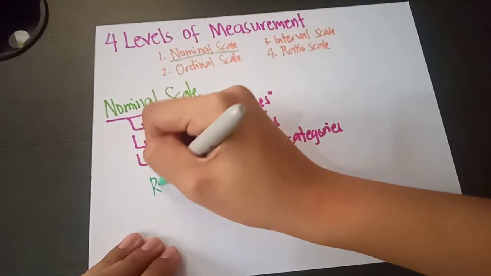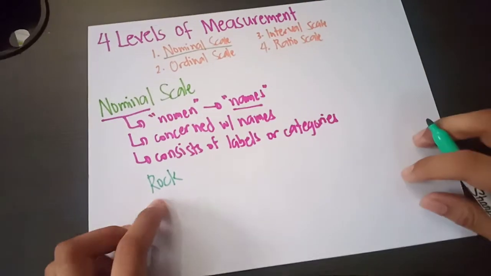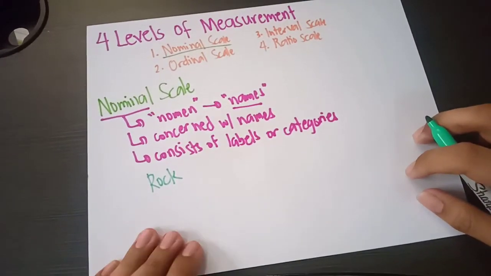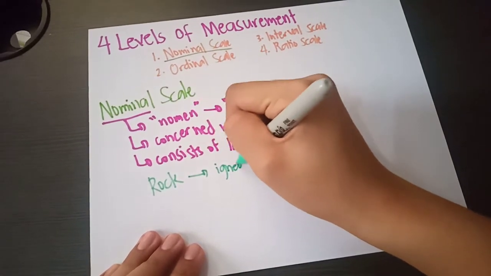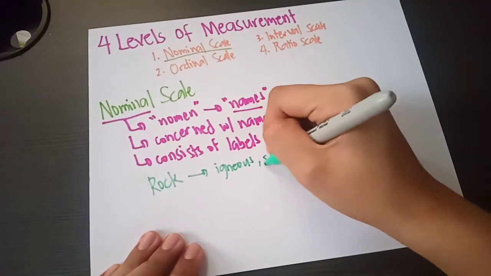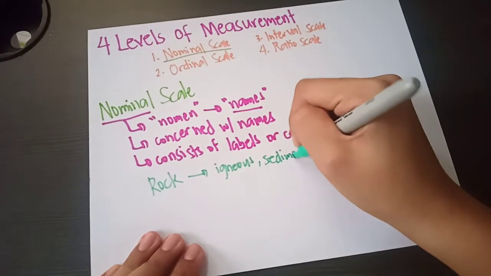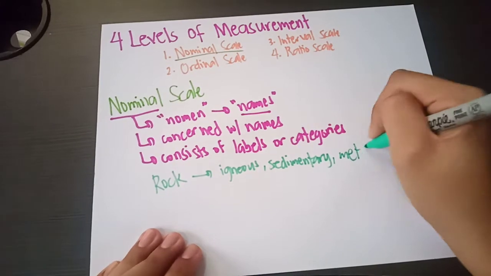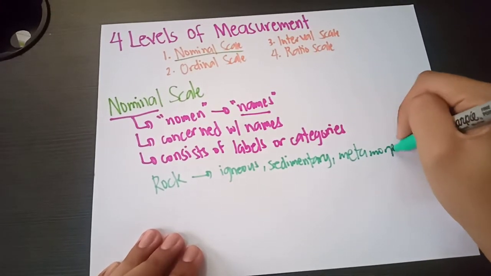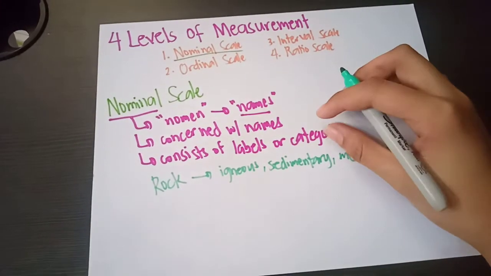This is the category, this is the label, rock. And rocks can be classified as igneous, sedimentary, and metamorphic. So these are some classification of rocks.